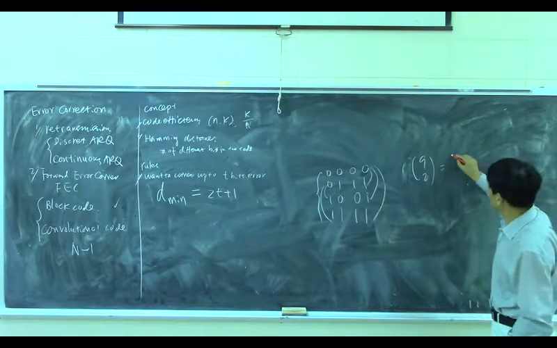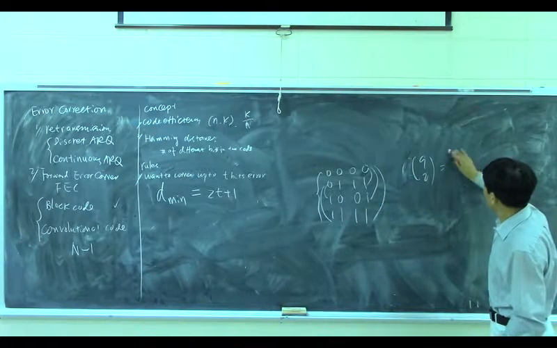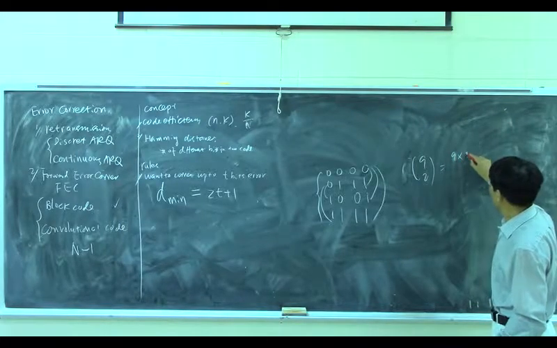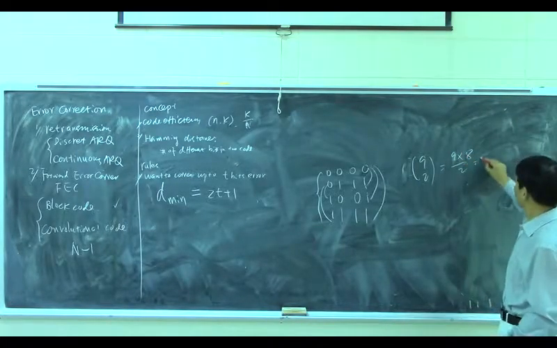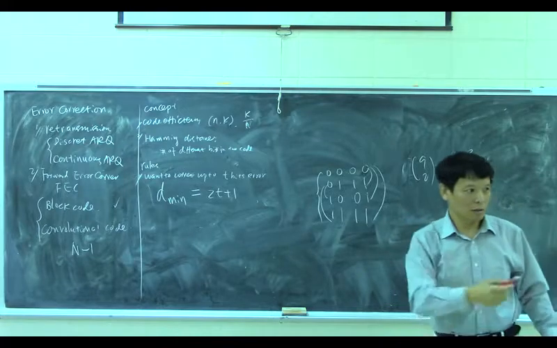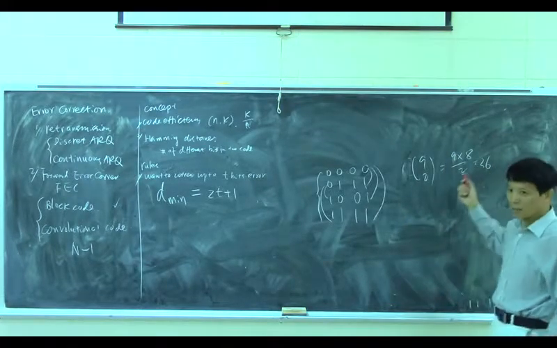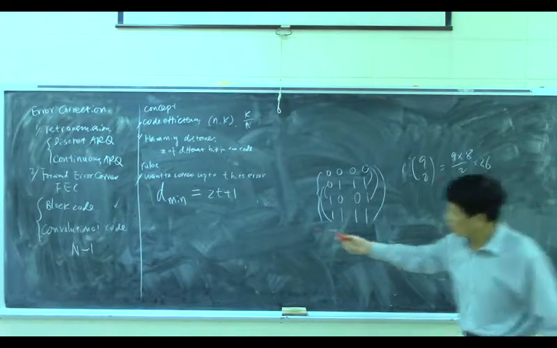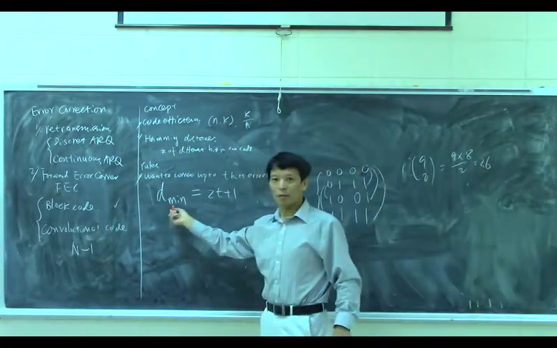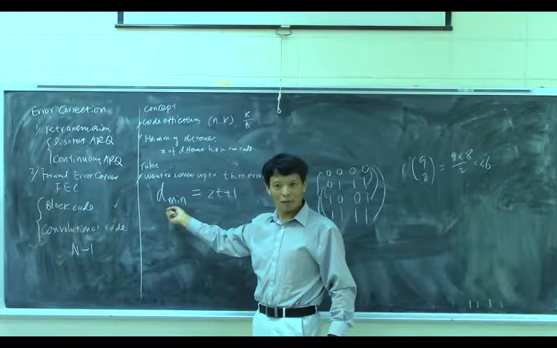So this will equal 9 times 8, then divide by 2, which equals 36. There will be 36 different distances. So you need to check all these 36 distances and find the minimum one. Make sense?